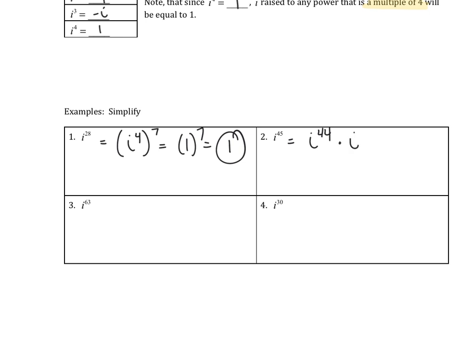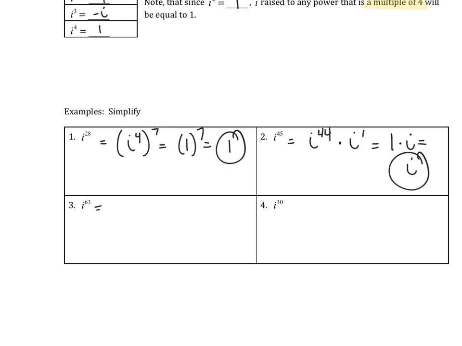So I would break this down to be i to the 44th power times i to the first power, because remember, 44 plus 1, when we're adding exponents here, is 45. So this tells me that I have i to the 44th power is 1 times i. So my answer here would be i, simplified.